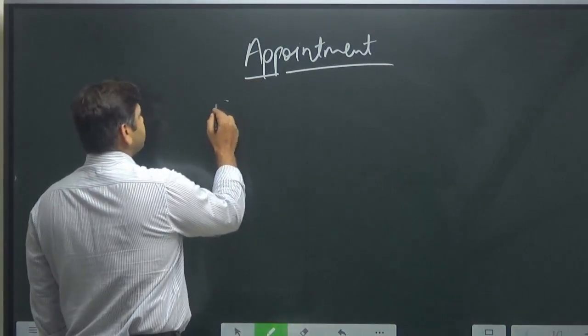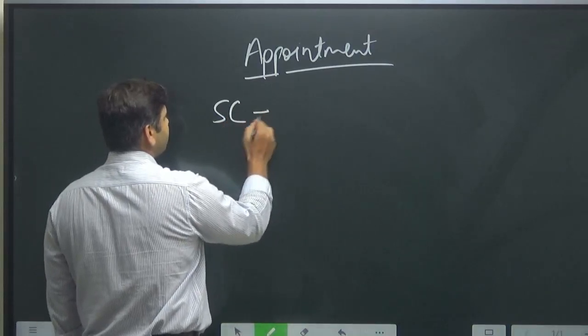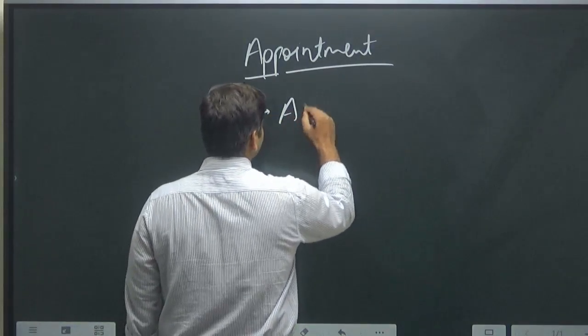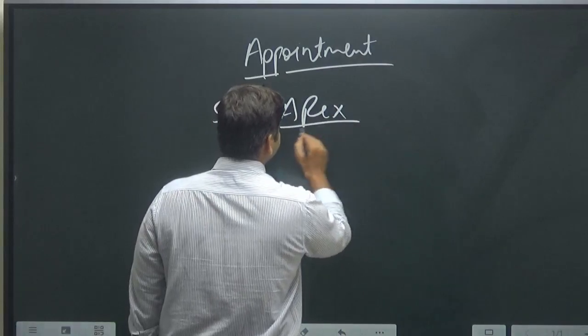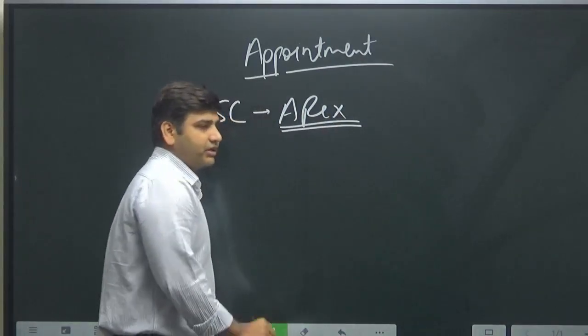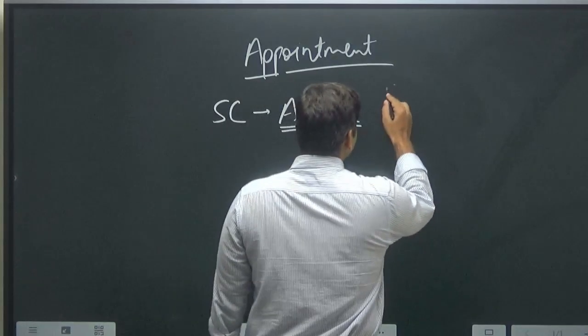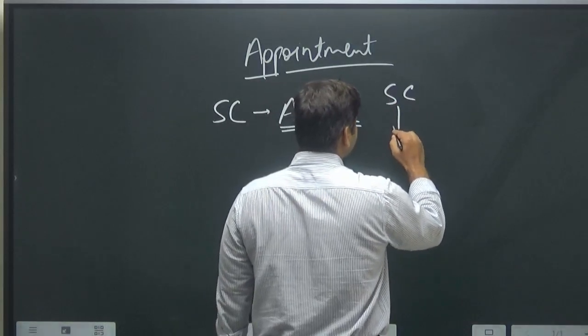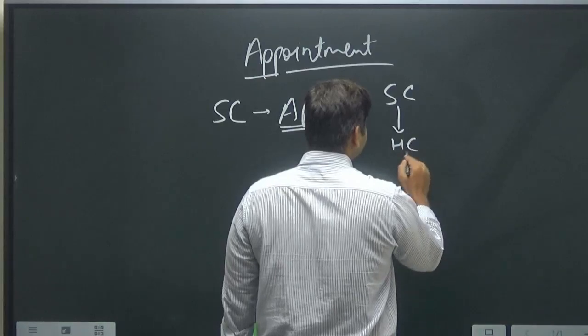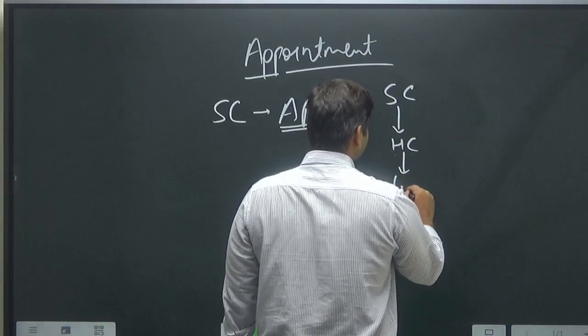See, first thing is Supreme Court. This is the apex court, the highest court in India. In the Indian judicial system, Supreme Court comes at the top, then come high courts in different states, and then the lower judiciary.